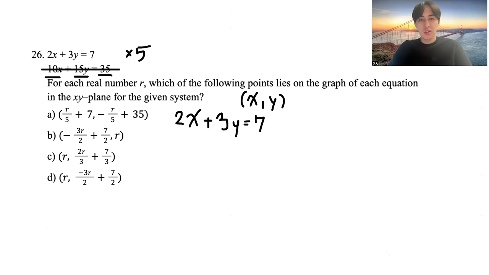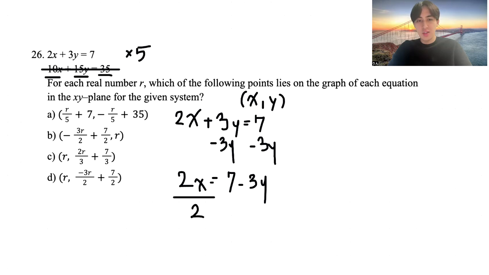So we first subtract 3y on both sides, leaving 2x equals 7 minus 3y. Then divide by 2 on both sides, leaving x equals 7 minus 3y over 2.